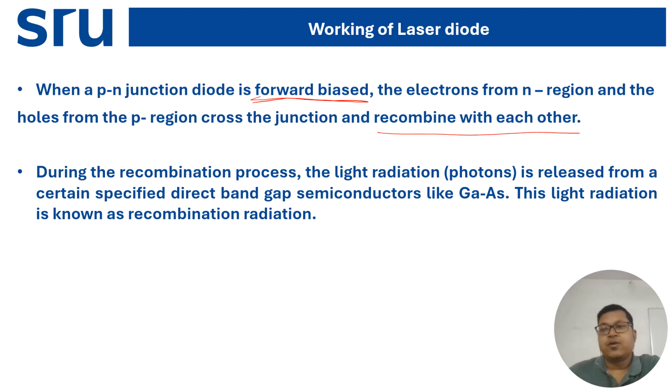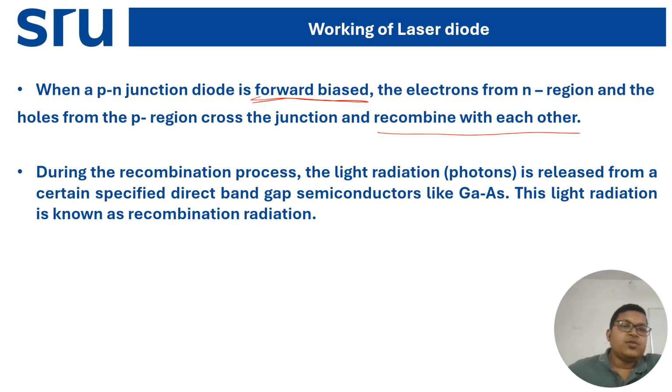We know from our basic understanding of the PN junction diode that whenever the diode is forward biased, the electrons from the N region will try to go to the P side and holes from the P region will try to go to the N side. And when they go to the other side, they will recombine with each other.